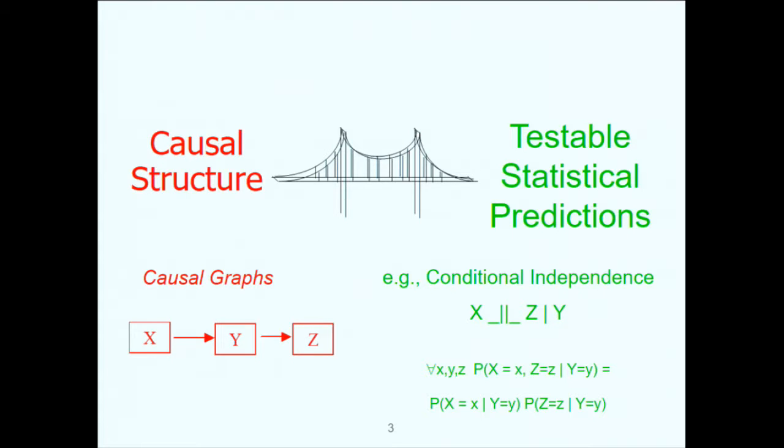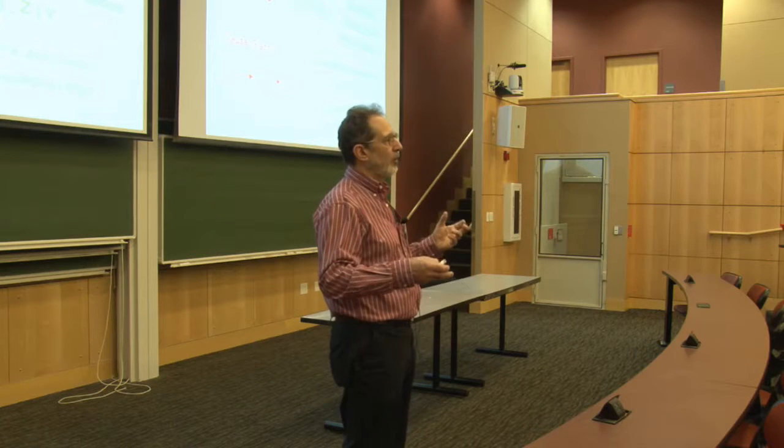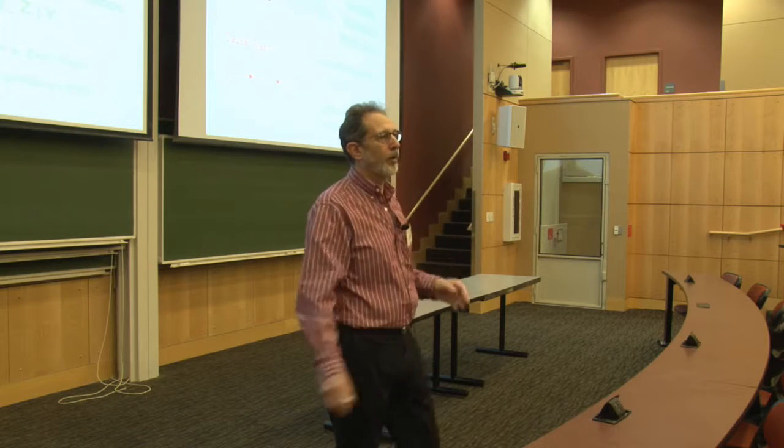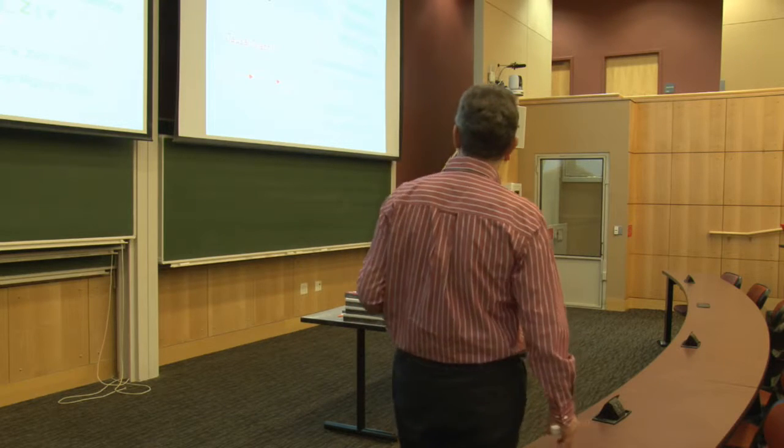So causal graphs by themselves, before we interpret them with a parametric model, are entirely qualitative. And therefore it's appropriate if we can find a qualitative empirical relationship, constraint, or prediction that would connect to these causal graphs and allow us to move back and forth in some constructive way.